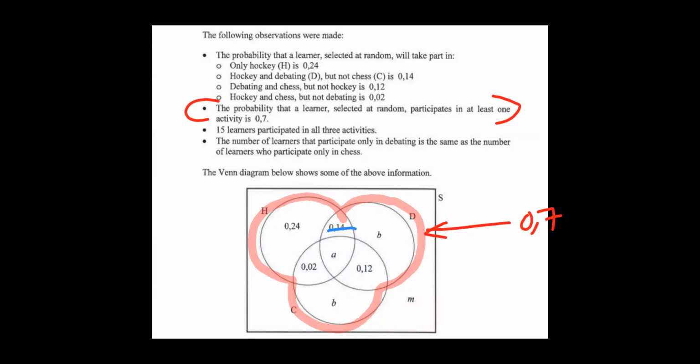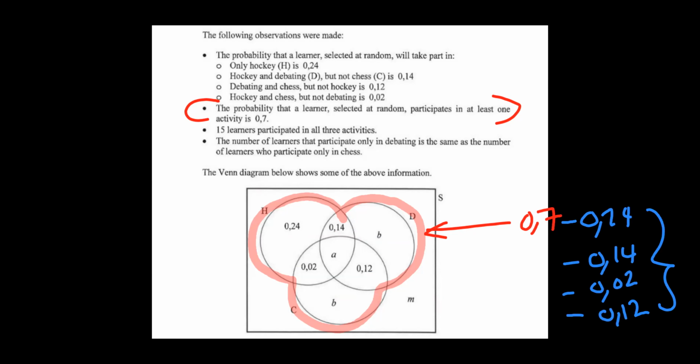Okay, I'm done. Thank you. Okay. So you minus the 0.24, minus the 0.14, minus the 0.02, minus the 0.12. What's your answer for that after dividing this by 2? Oh, there's a 0.1 also, minus the 0.1. That's A's value.